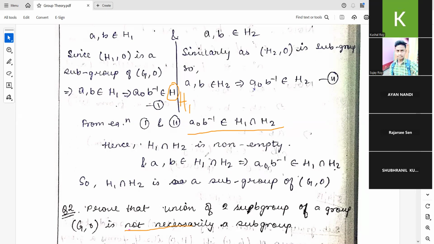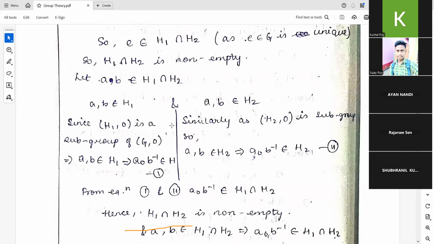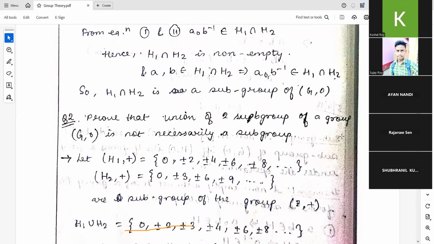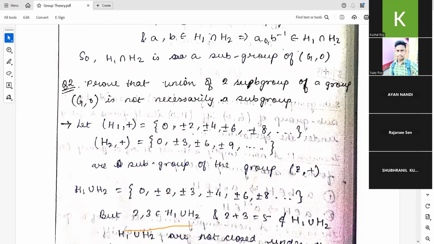Therefore, H1 intersection H2 is a non-empty subset which satisfies the condition that A comma B belongs to H1 intersection H2 implies A composition B inverse belongs to H1 intersection H2. Therefore, H1 intersection H2 is a subgroup of the group G.